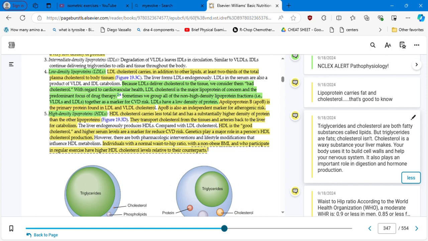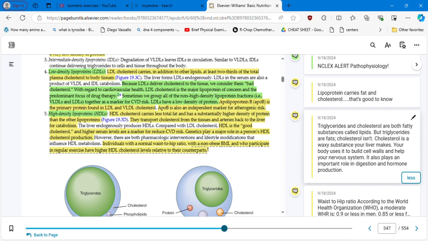Cholesterol is a complex compound, and fat is whatever you are eating. Cholesterol is a waxy substance your liver makes. Your body uses it to build cell walls and help your nervous system. That's why cholesterol in appropriate amounts is going to help you to have good brain function. It also plays an important role in digestion and hormone production.